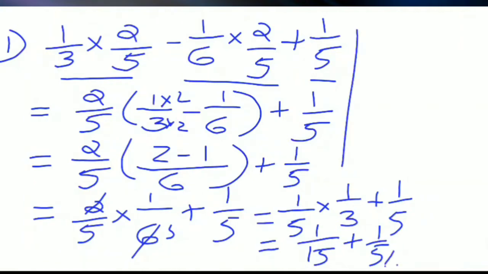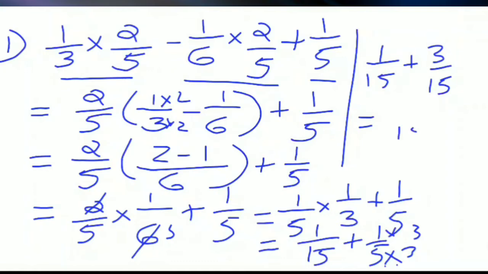It's not a like fraction, so we need to make it like. We multiply by 3 downside, so upside also 3. So we get 1/15 plus 3/15. Now it's a like fraction, with 15 as common, so 4/15. So its answer is 4/15.